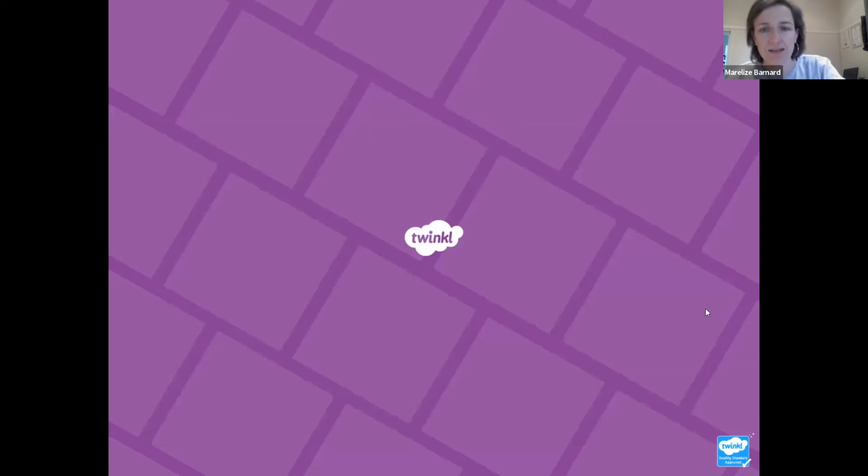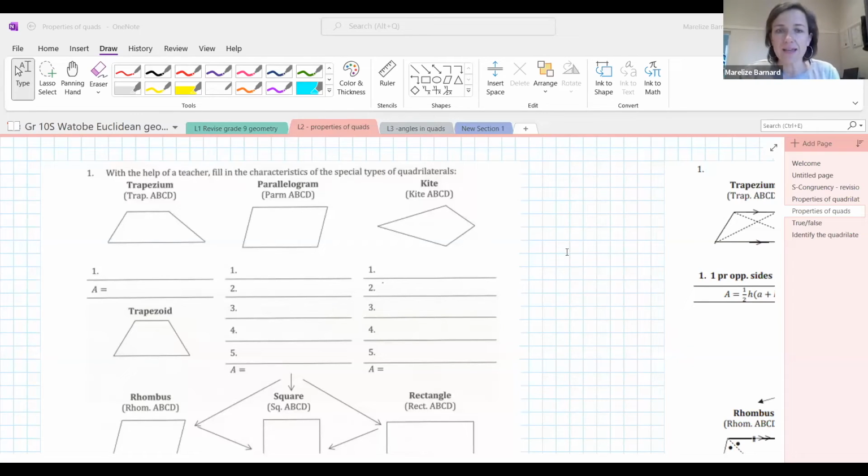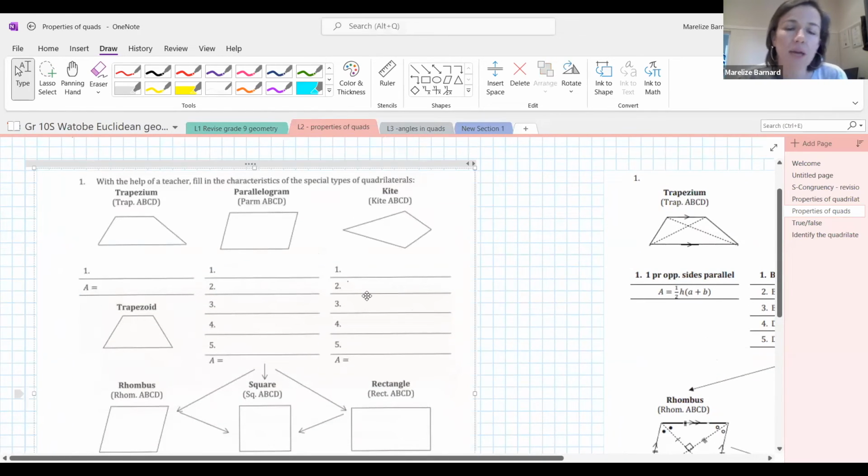Okay, let's go out of that and back to our actual notebook. Let's just share this again. What I want you to do is take a screenshot of this diagram, because before Tuesday I want you to go and fill it out.